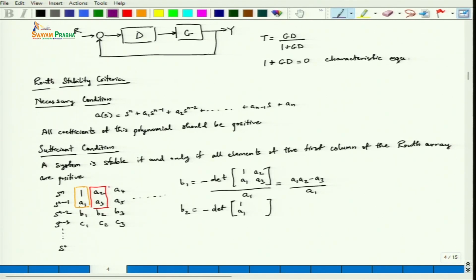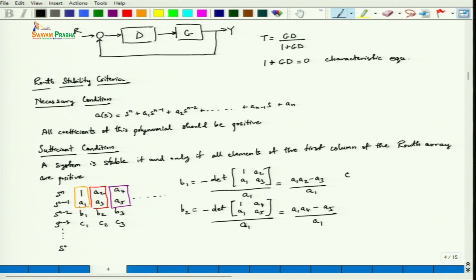So for b2 we look at a4 and a5, and the denominator division will be the same, we divide by a1. So based on this we get a1 a4 minus a5 divided by a1. In the same manner we can find coefficients b3 and so on.